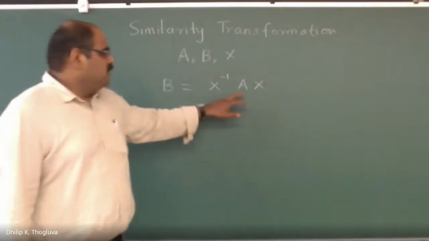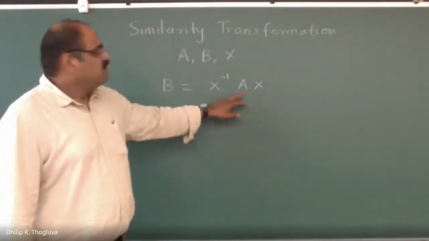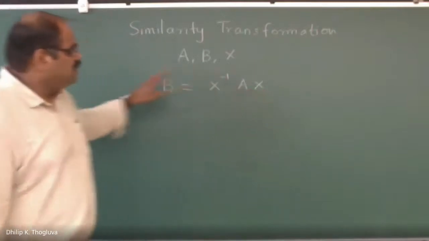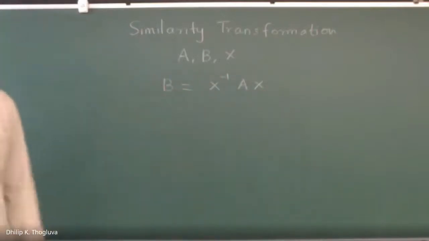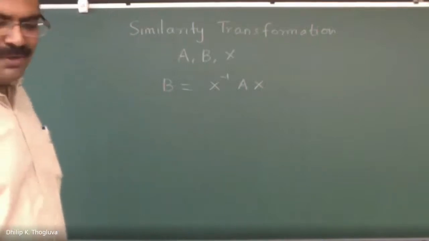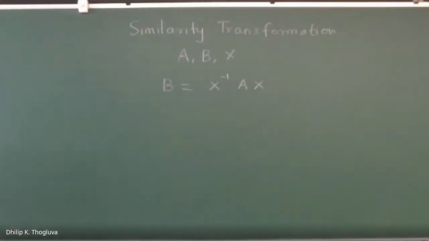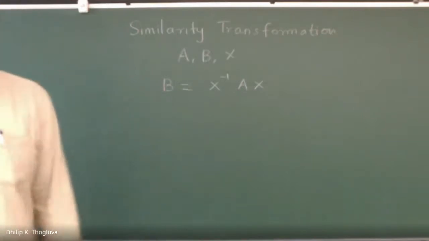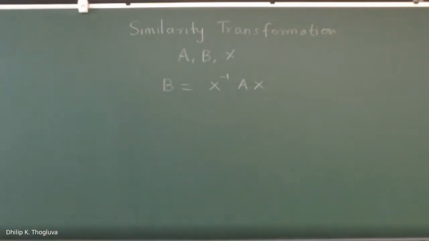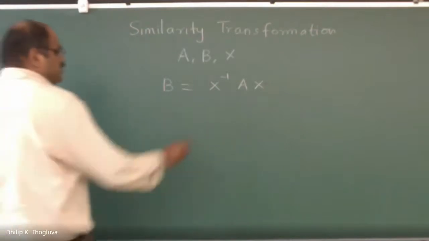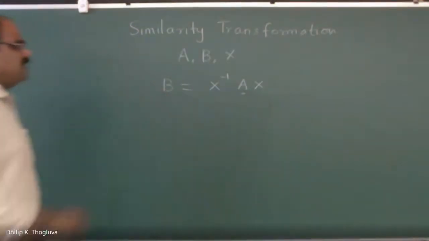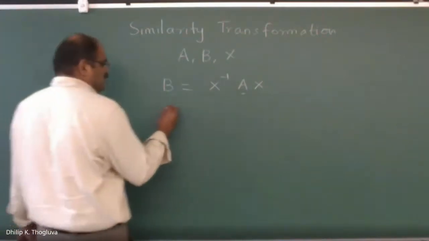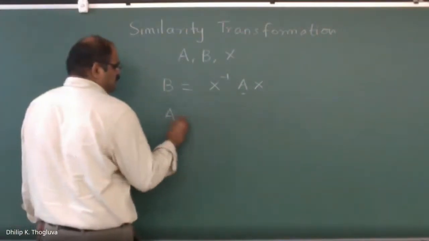We are performing similarity transformation of A by element X, which results in B. A and B are related by similarity transformation. If A and B are related by similarity transformation, then A and B are called conjugate elements.